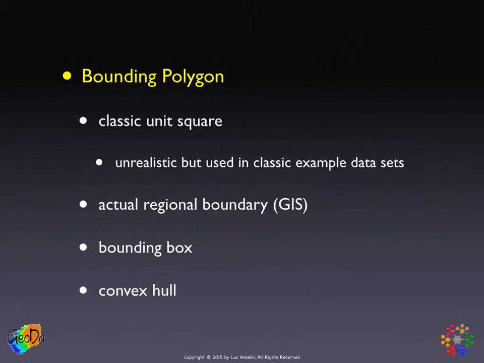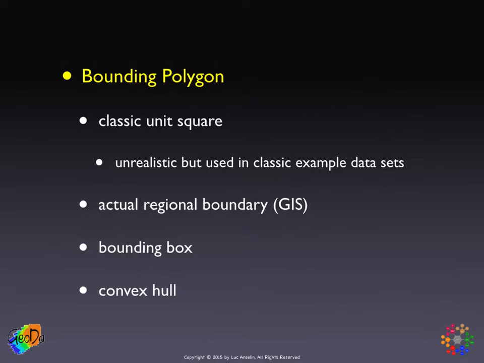In classical point pattern analysis, the bounding polygon was often rescaled so that it became a unit square, a square with 1 unit distance on each side. This is somewhat unrealistic, but in many textbook examples, it is still the way that the point patterns are represented.